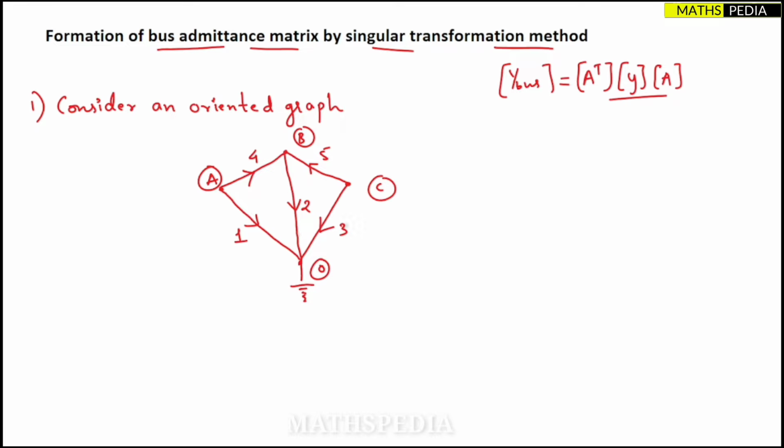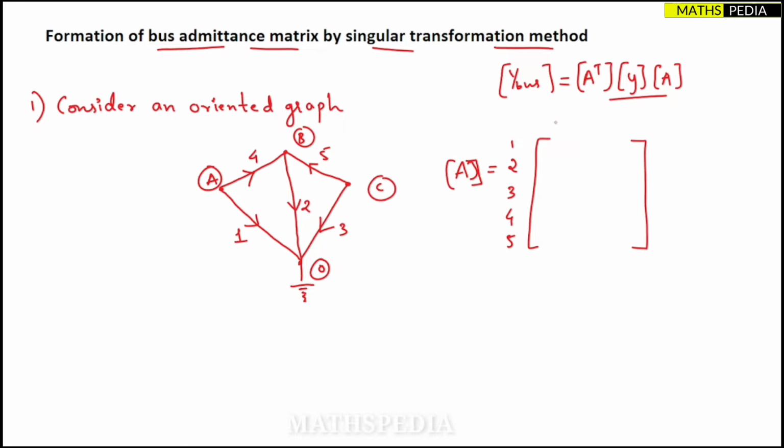So basically I'm going to write the A matrix first. So how to write A? That's why I have considered an oriented graph here. Based on the oriented graph, we have to write the A matrix. What is the A matrix? It is nothing but the number of nodes and number of lines combination. Number of lines I have to write over here: 5 lines, so 1, 2, 3, 4, 5.